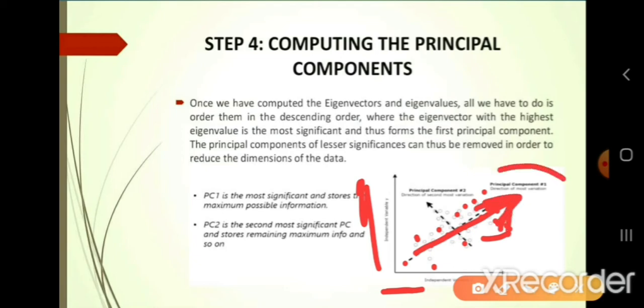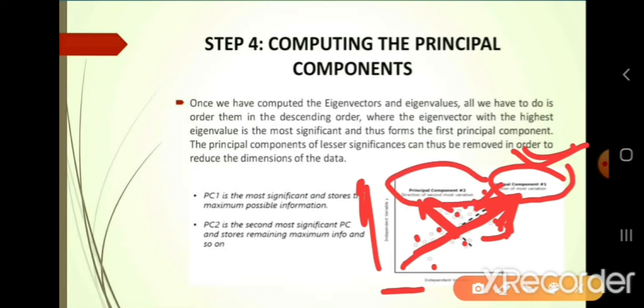So this is the first principal component, which shows the variation of most of the data. Perpendicular to this lies the second principal component. This is the second most important direction in which the data points show their variation.